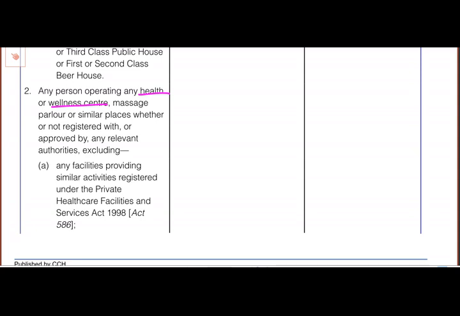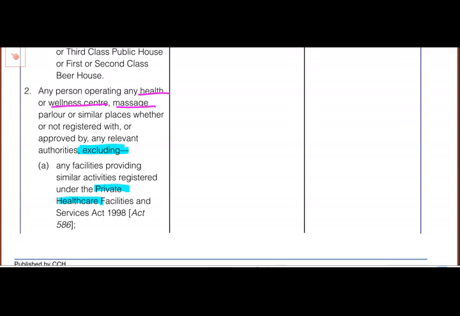So when you go for your facial, you can call it a wellness center, for example, massage parlor, okay? Now, all these things are actually registered taxable person, except if this is under private healthcare.